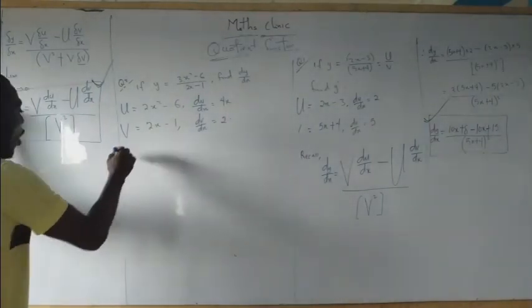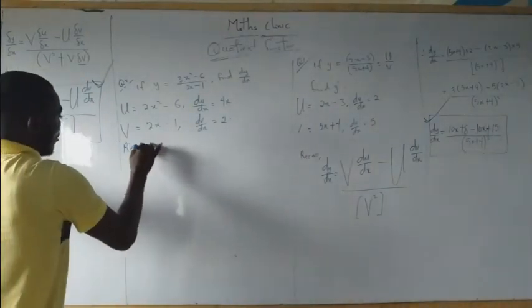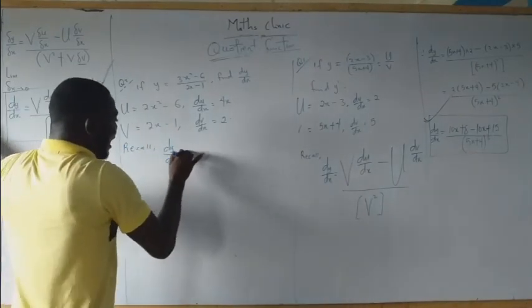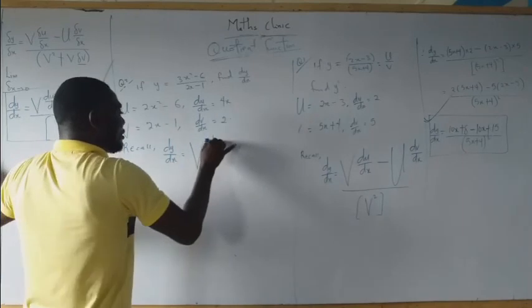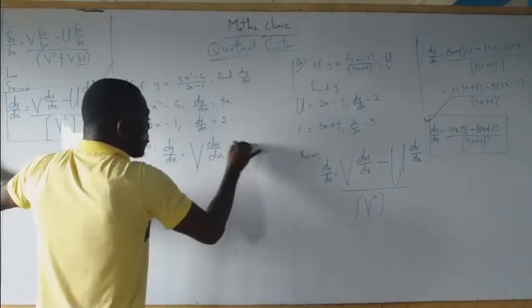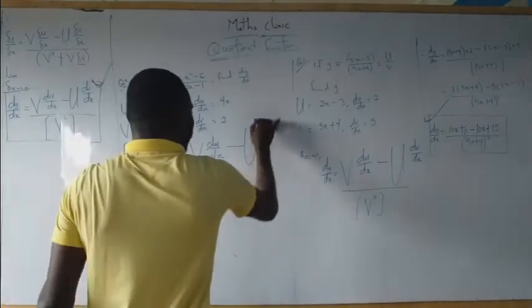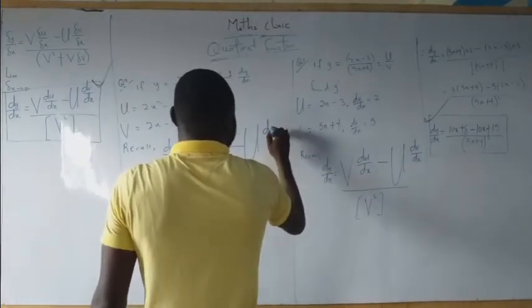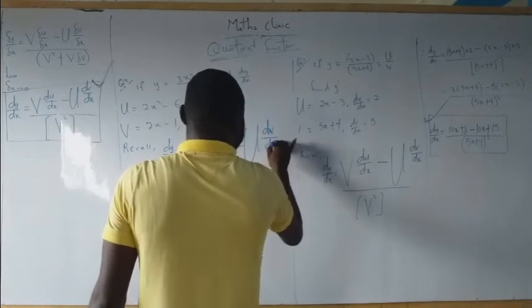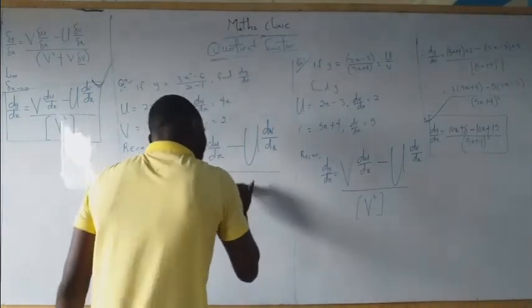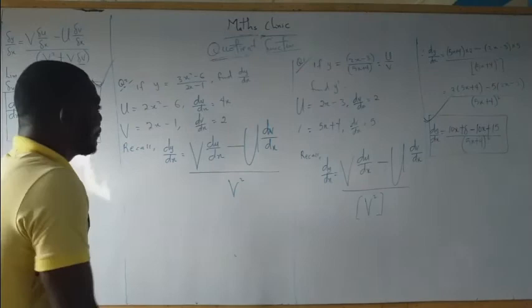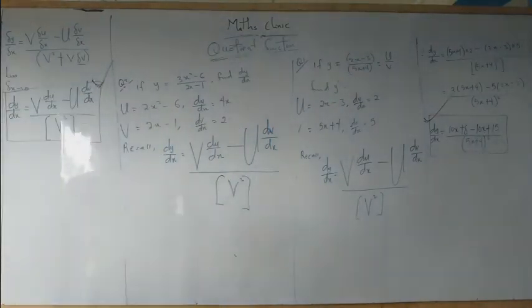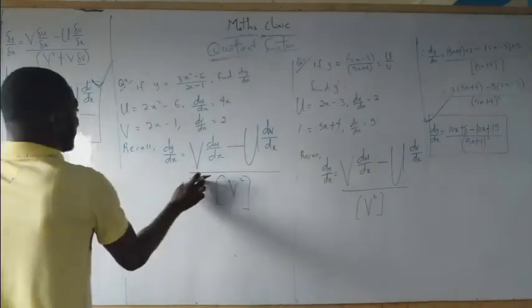Recall that dy upon dx equals bottom v du dx minus u dv dx, everything over v squared. Everything over v squared. That's the rule.